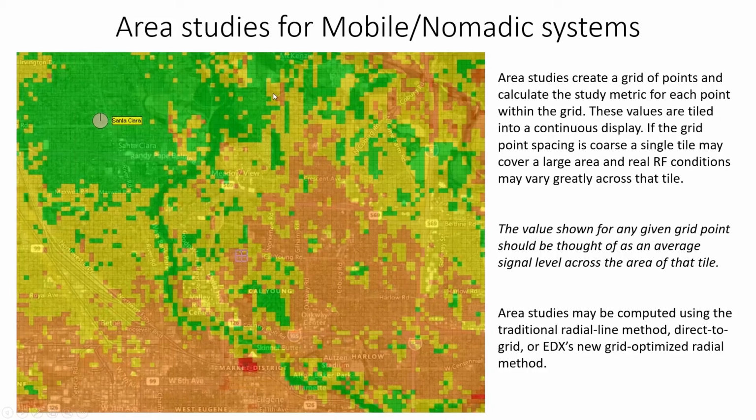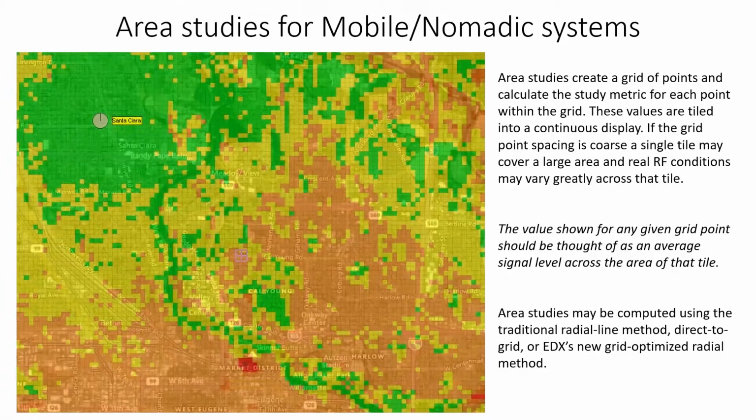And so one way that people approach that is just to keep refining the resolution of their area studies. If I want a really detailed area study, maybe I'll zoom way in on the area of interest and take my point spacing down to like a 1 meter point spacing. But that's still going to be based on those radials.